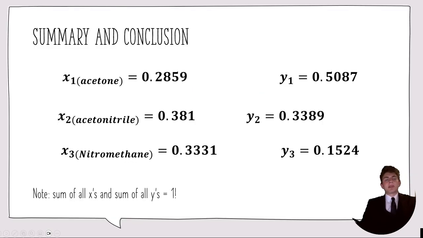So here is all the mole fractions for acetone, acetonitrile, and nitromethane at their flash point. And note that all of these sums will equal approximately 1. And that makes total sense because they're mole fractions. They should add up to 1. So all the x's will add up to 1, all the y's will add up to 1.